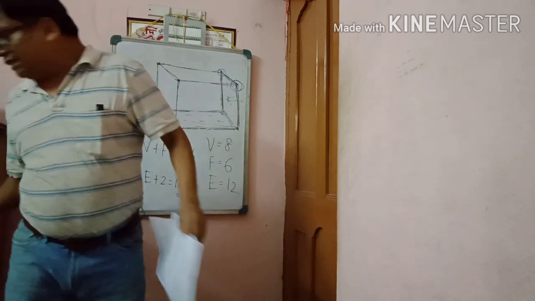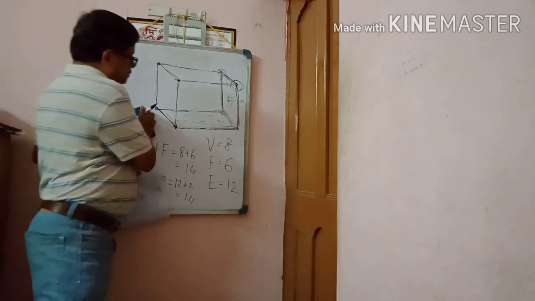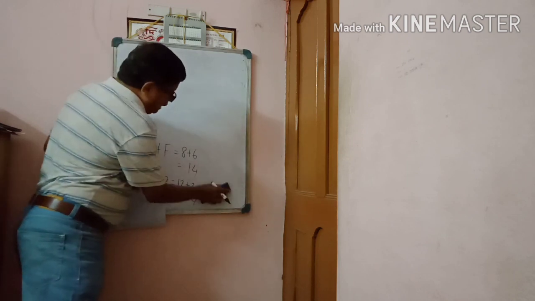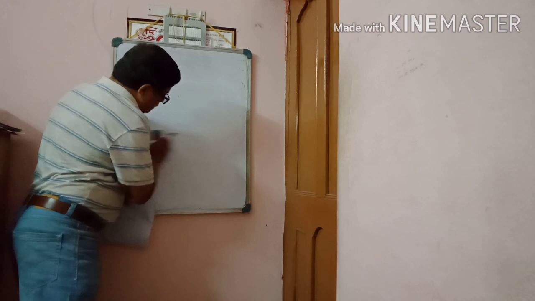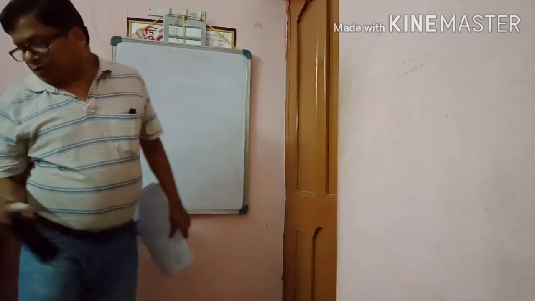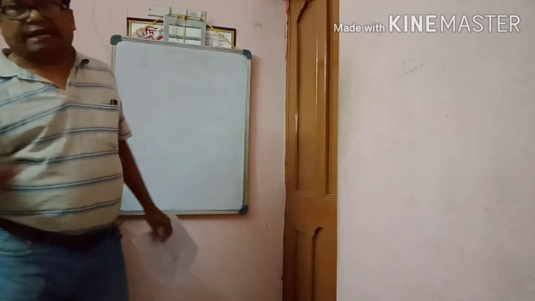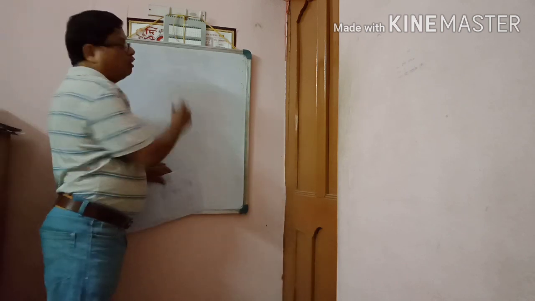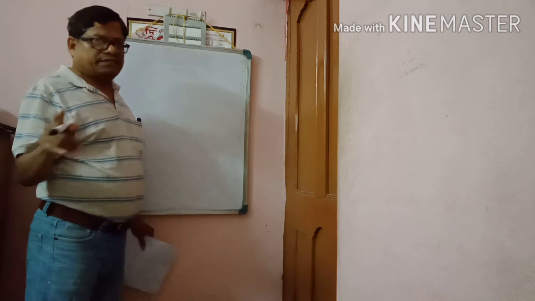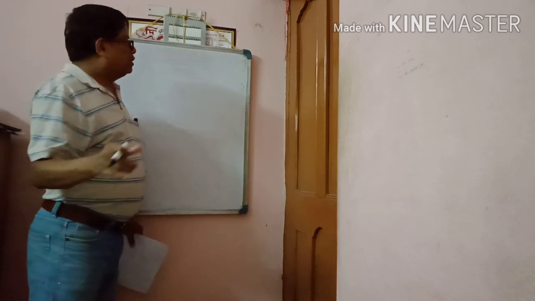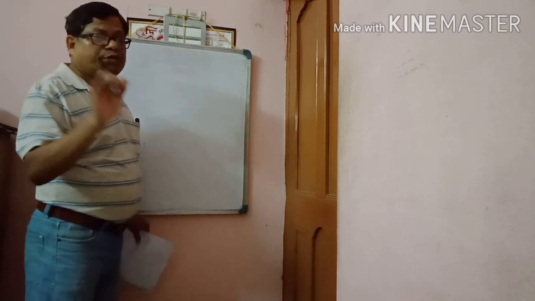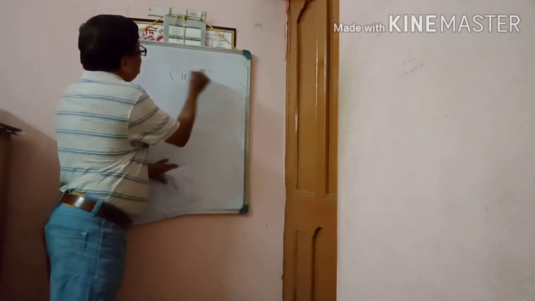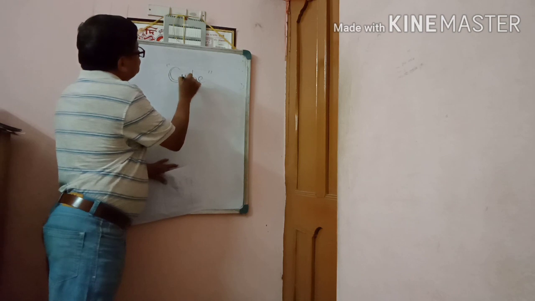Wait, I am showing one figure, look here. If length, breadth and height are equal, it is a cube. All of you know dice, you have seen dice, yes. So it is an example of a cube.